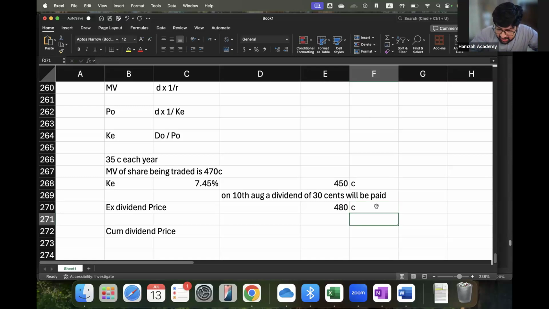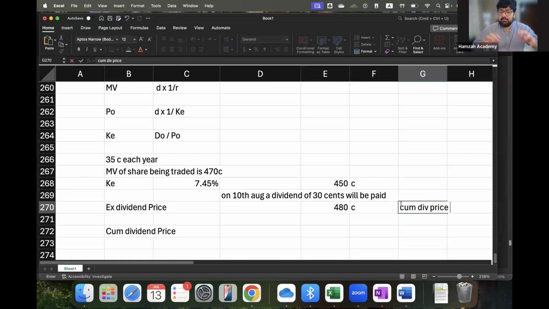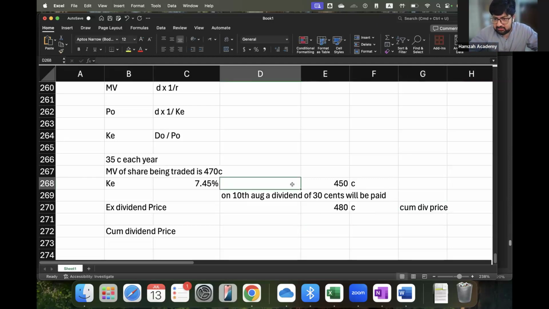So now this is the cum-dividend price. As soon as you buy this share, you will be entitled to the 30-cent dividend on 10th August. Meanwhile, the share price goes up and down. Say today is 13th July; on 15th July, due to trading and other factors, the share price goes up.